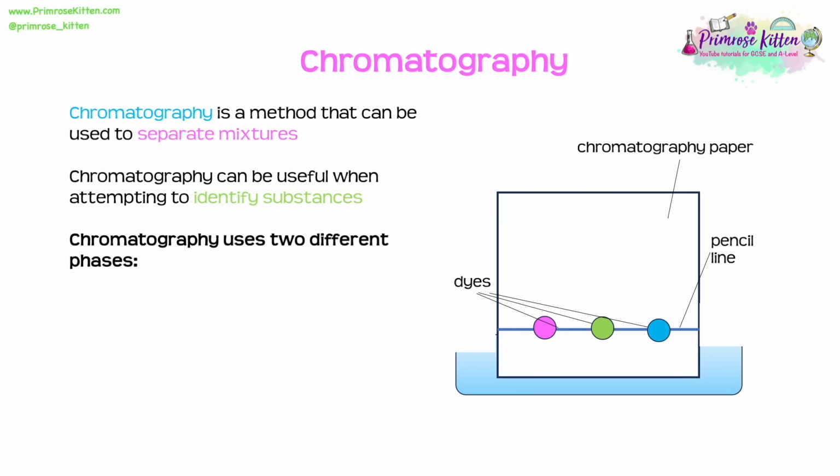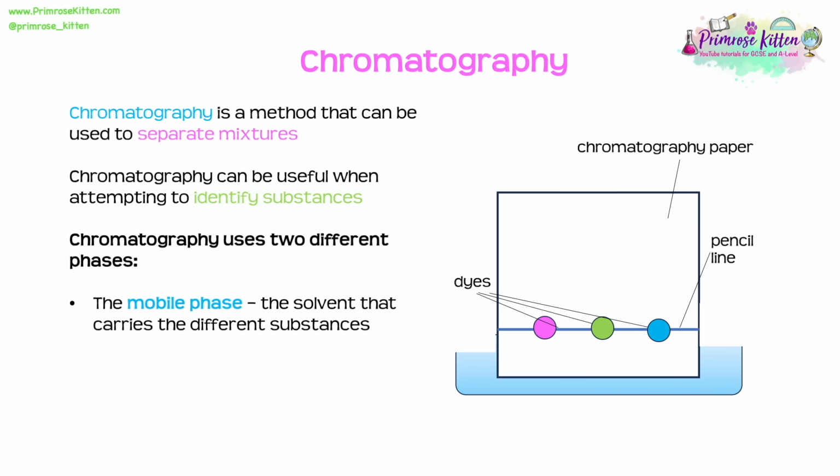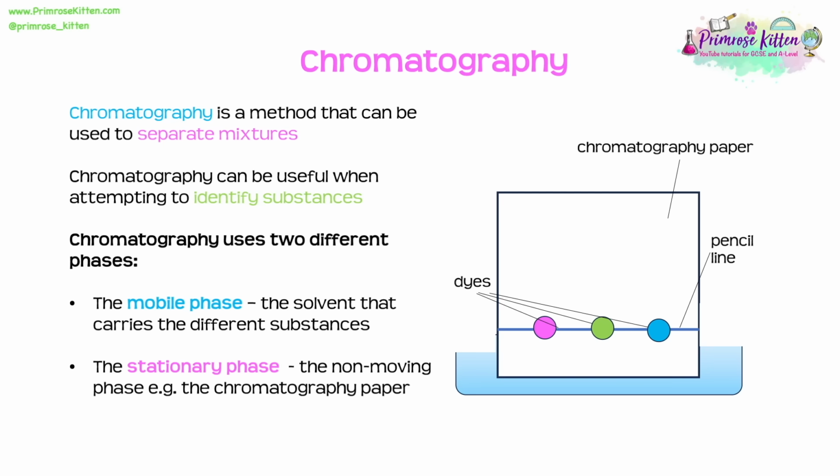Now, chromatography uses two different phases that we'll hear about in the exams that we need to be familiar with. So the mobile phase is the solvent, which is going to carry the different substances. This could be water, for example. The stationary phase, on the other hand, is the non-moving phase. In this case, that could be the chromatography paper.